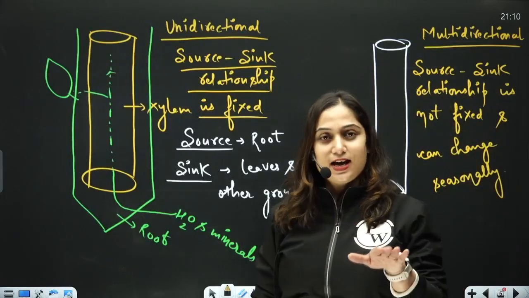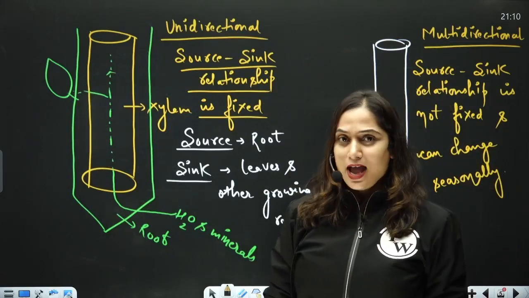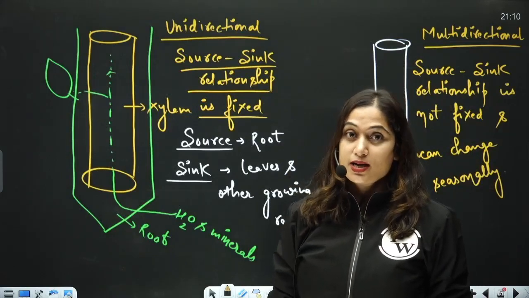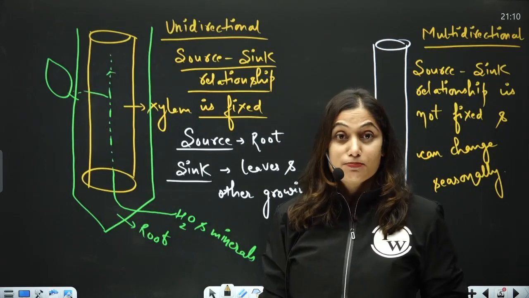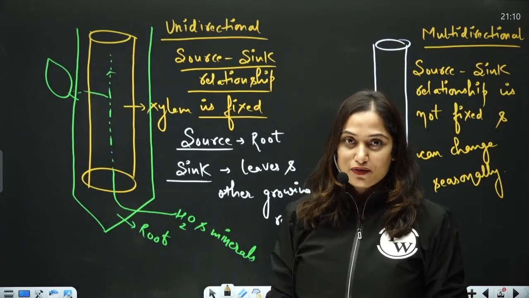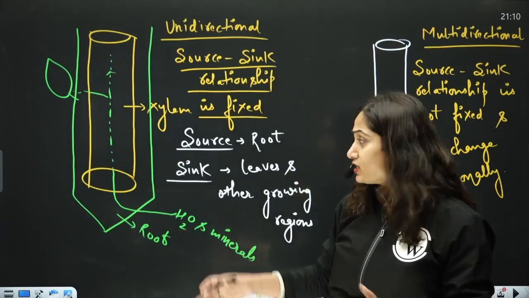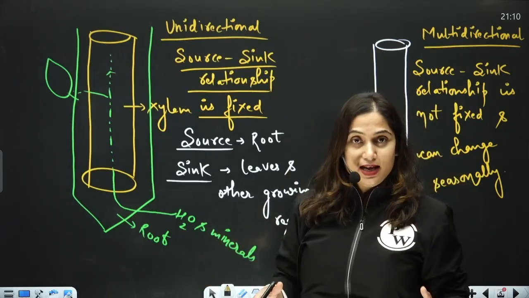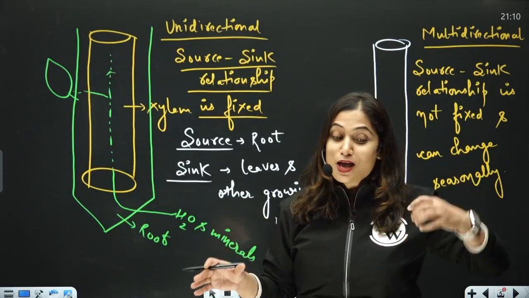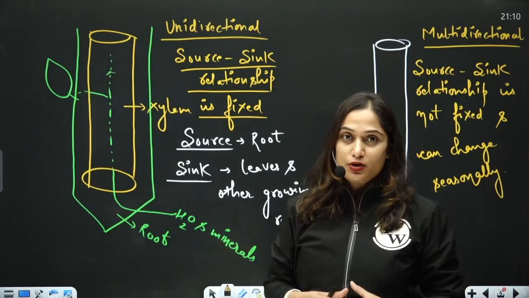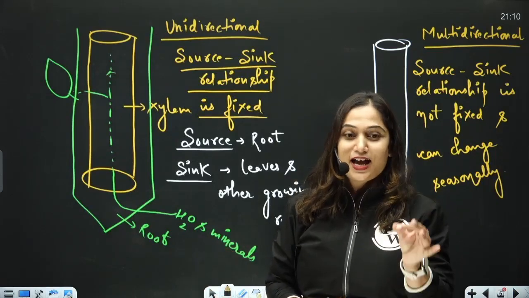Now there is an NCERT line which says that if the translocation occurs via xylem, it is unidirectional, and if it occurs through phloem, it is multidirectional. What is the meaning of that? In case of xylem, the source is always fixed. That means from where the water and minerals go, that is fixed, and that is soil.